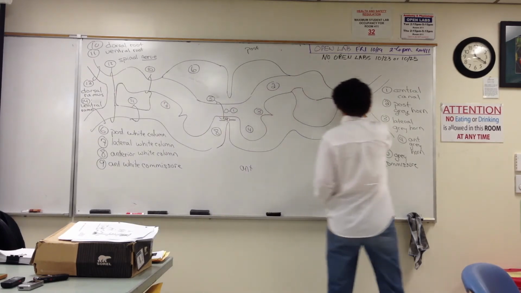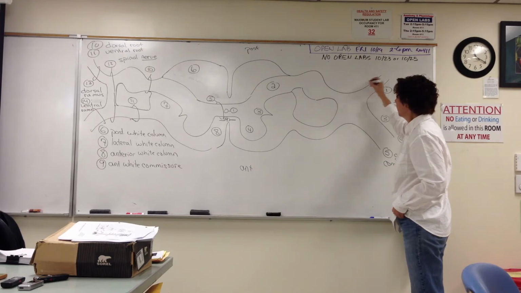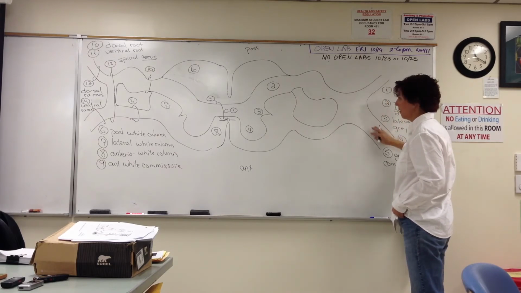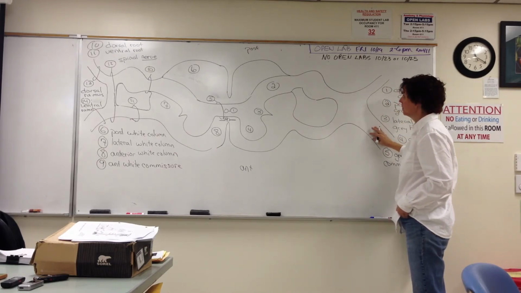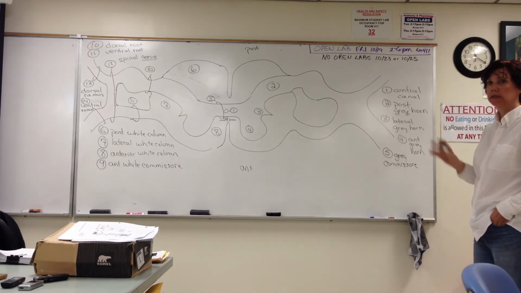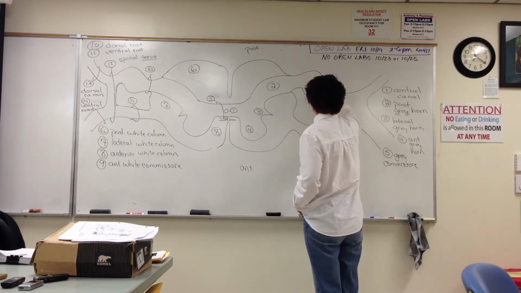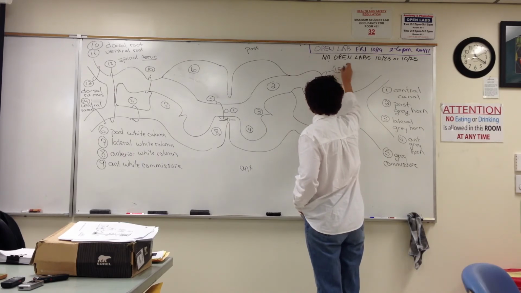So over here would be spinal nerve, a little bit wider than I drew there. Okay? And dorsal ramus and ventral ramus. Now we have one structure left to identify, and that is this structure, which is the dorsal root ganglion.